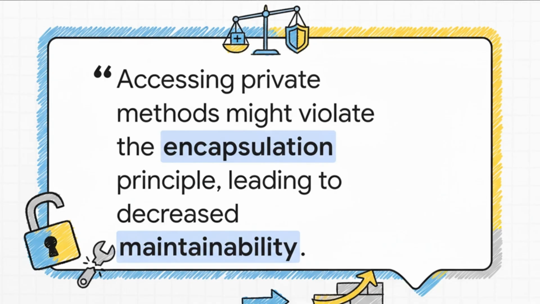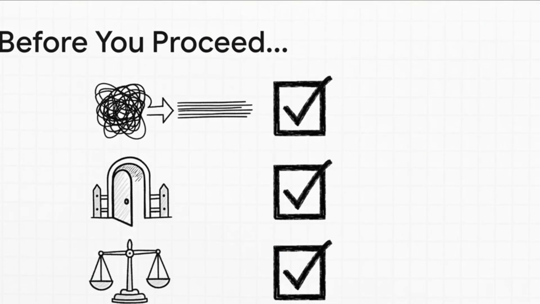When you violate encapsulation, you're creating code that's tightly coupled, making it a nightmare to maintain and change down the road. You're creating a fragile dependency on how a class works on the inside, the very thing encapsulation was designed to save you from. So before you use any of these tricks, please ask yourself these questions.